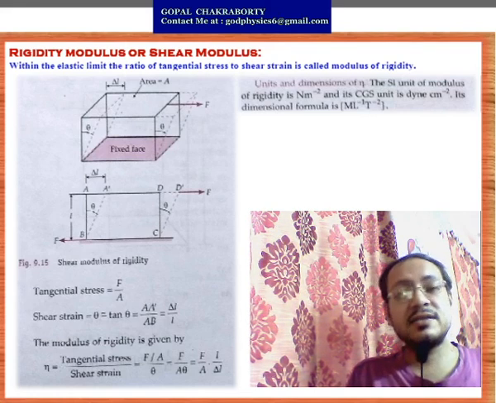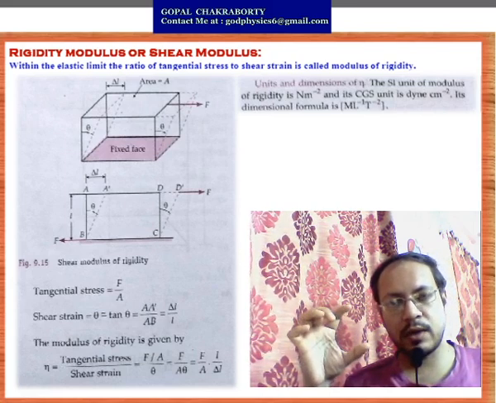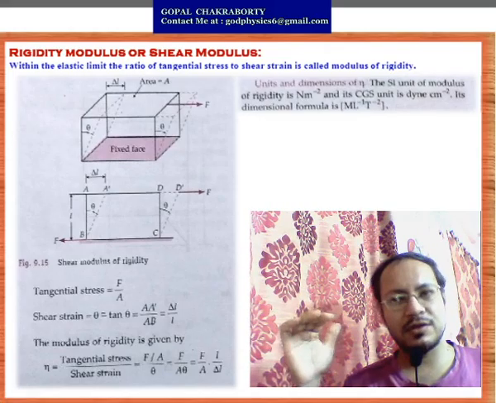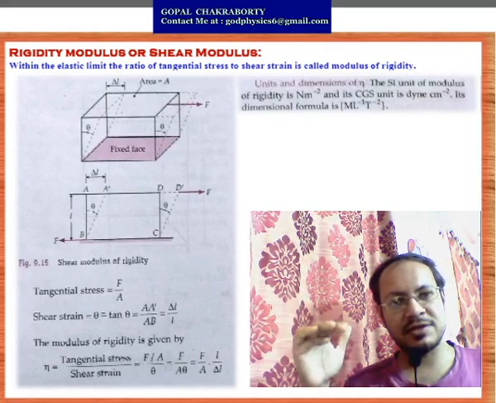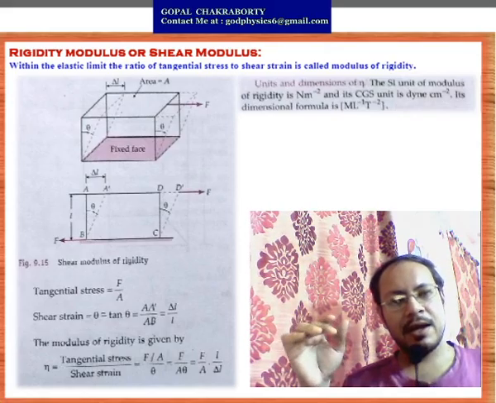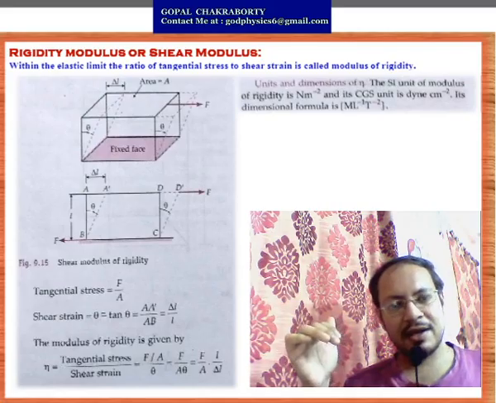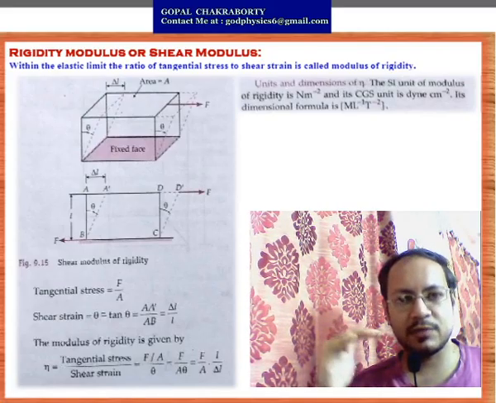Let us consider a solid book. Now if you apply a force on the upper surface and the lower surface is kept on the table, what will happen? Due to the friction, the lower surface stays still and the upper surface tries to move in the positive x direction.